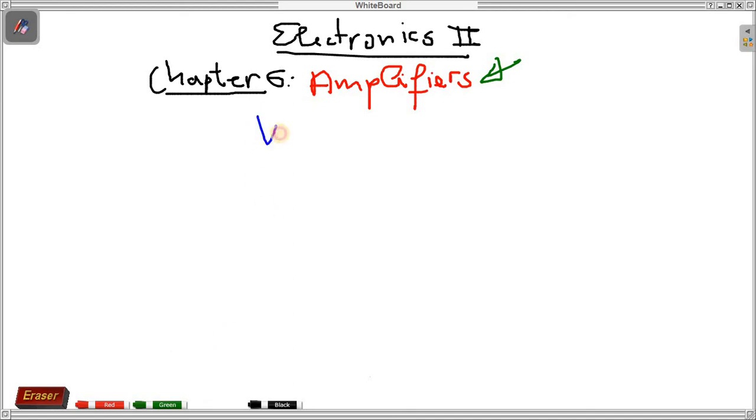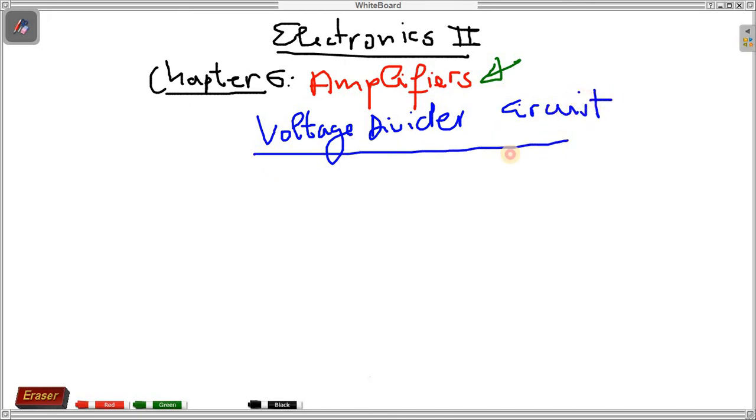It is the one we're going to deal with this semester in chapter 6. We studied this type of bias in chapter 5 of Electronics 1.